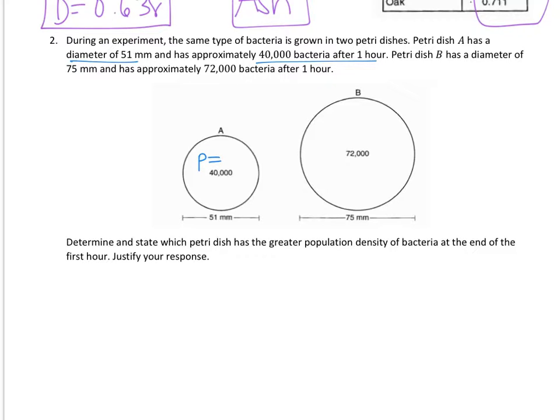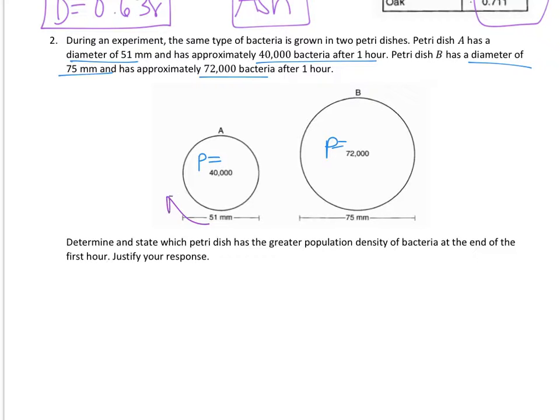The 40,000 bacteria is representing the population. Petri dish B has a diameter of 75 millimeters and approximately 72,000 bacteria. Again, that bacteria amount is representing population. So then it tells us the diameters are 51 and 75. When we think about any calculations that we've done thus far, whether it's area or volume, we need the radius.